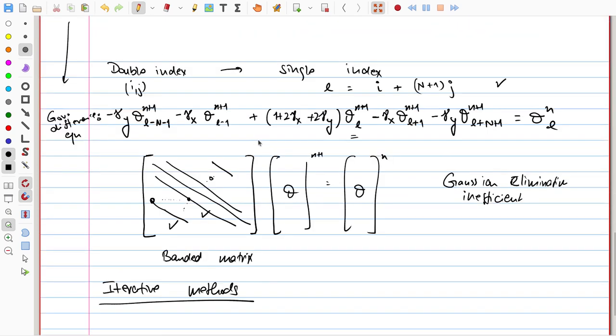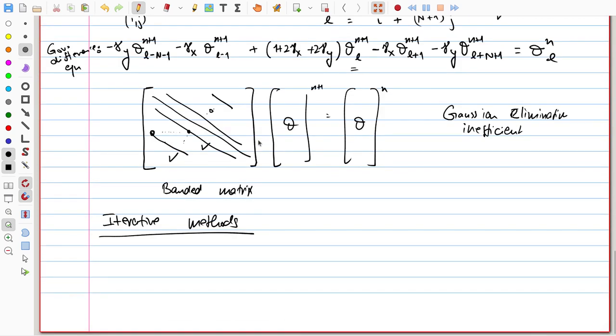So, I will tell you the benefits of the method before we actually propose it. We do not need to solve a matrix system.